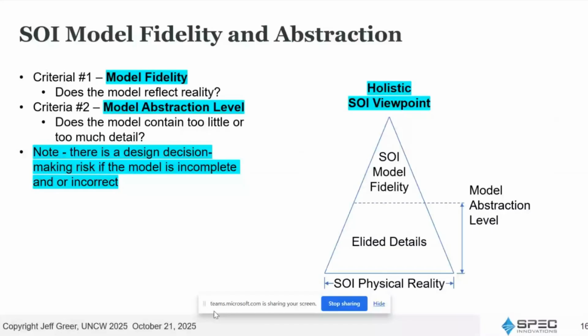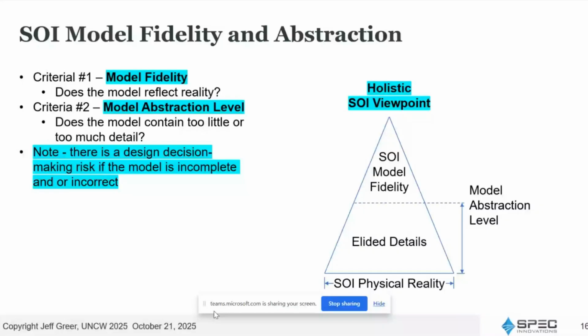So for the declared SOI that we're going to work on, we're going to take a look at two quality requirements: the notion of model fidelity and abstraction level. When we think about model fidelity, does the SOI model reflect reality? And when we look at the abstraction level, does the model contain too little or too much detail? One of the key points of systems engineering is that you get that holistic SOI viewpoint.